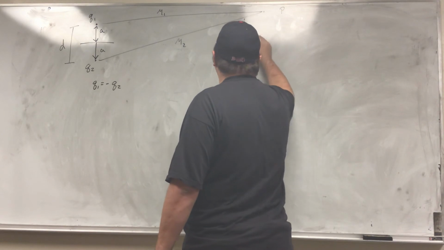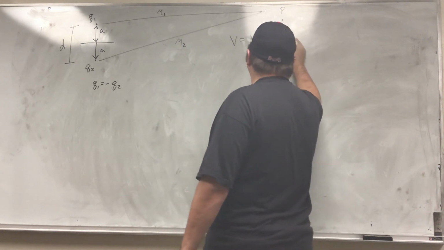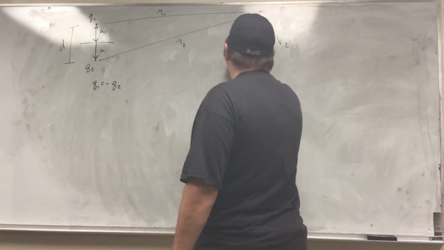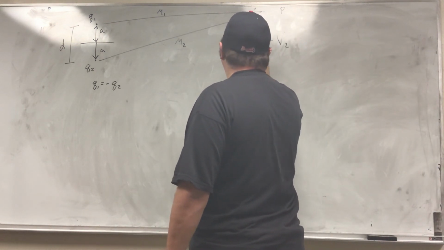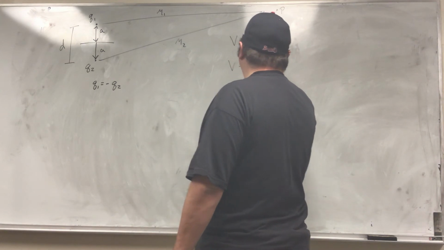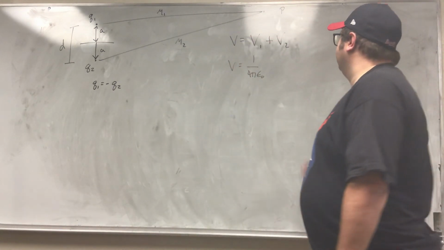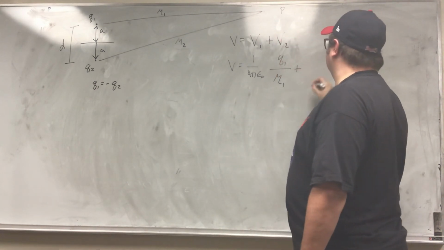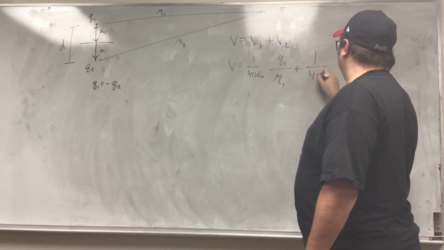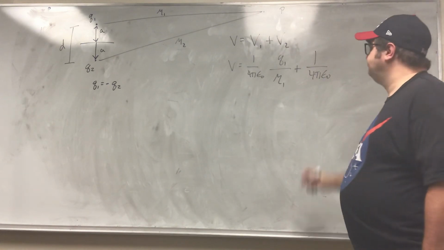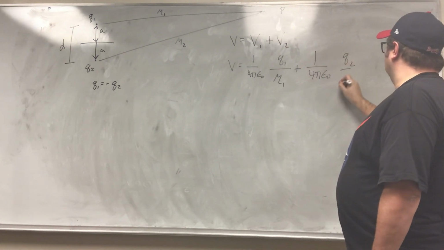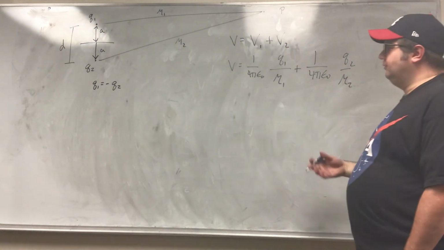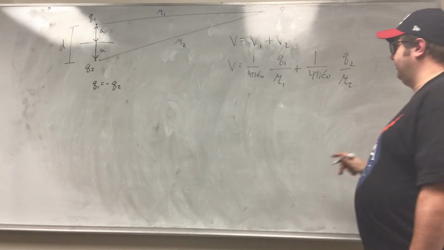So V is equal to V1 plus V2, right? And so V is equal to 1 over 4 pi epsilon naught Q1 over script R1 plus 1 over 4 pi epsilon naught Q2 over script R2. So I can pull out what I already know is the same on both terms.